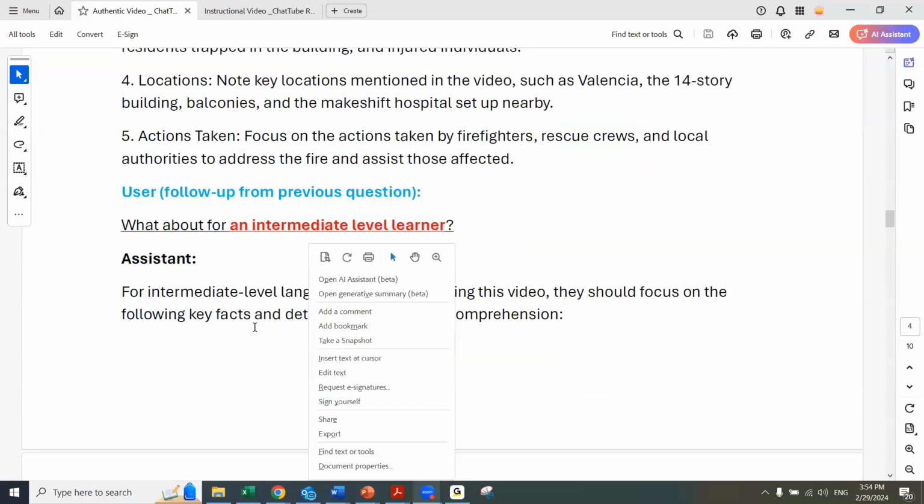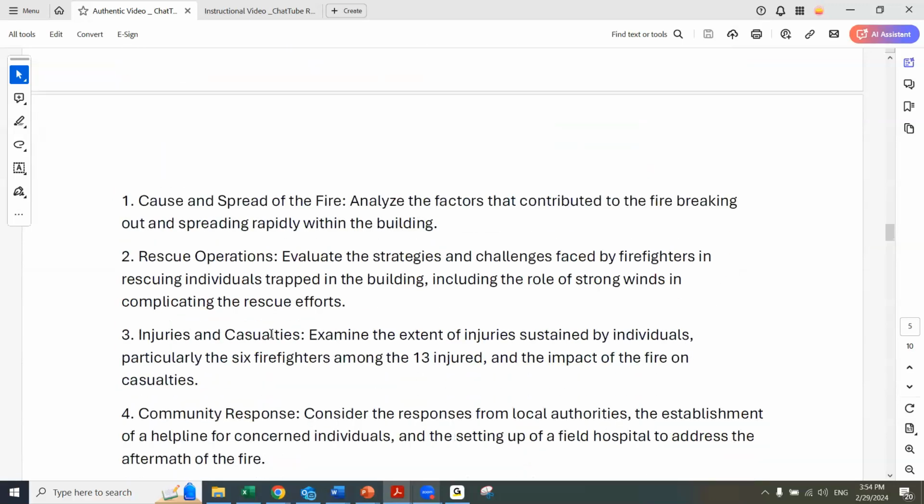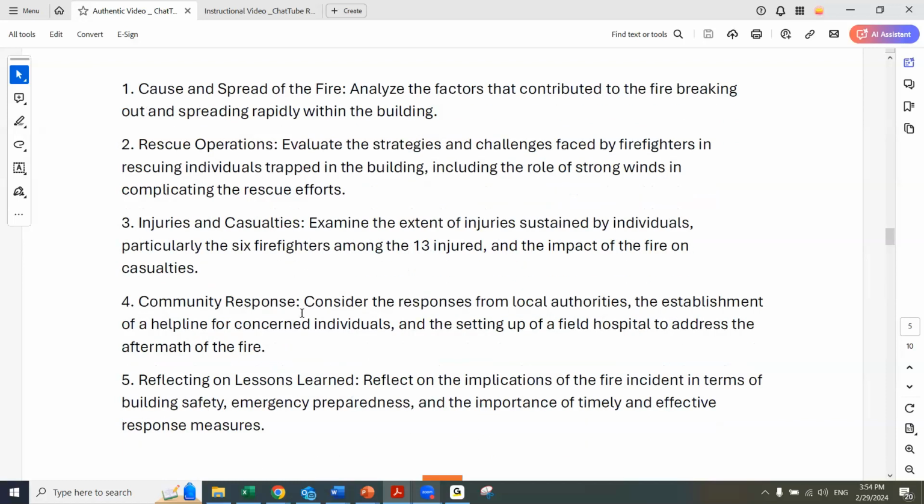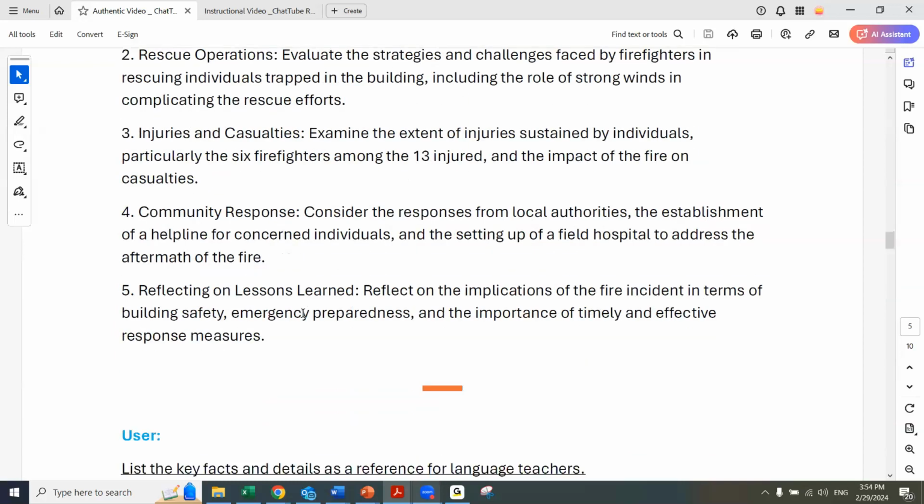But for intermediate level, it wanted the learners to focus on the cause and spread of the fire, rescue operations, injuries and casualties, community response. So you can see they push up the level a little bit, making the focus topics a little more complex than the novice level.